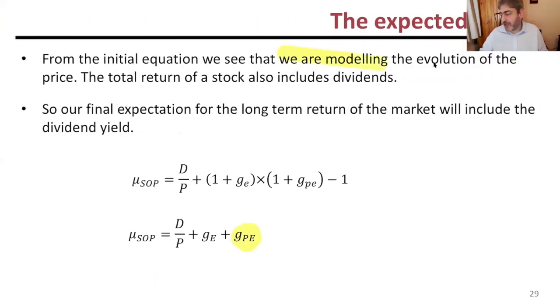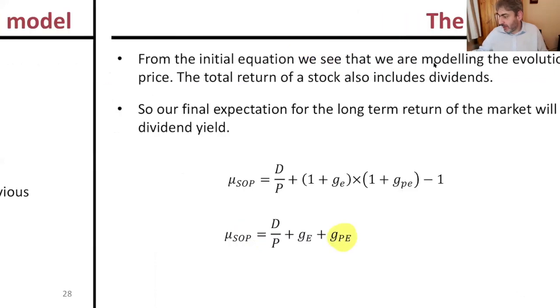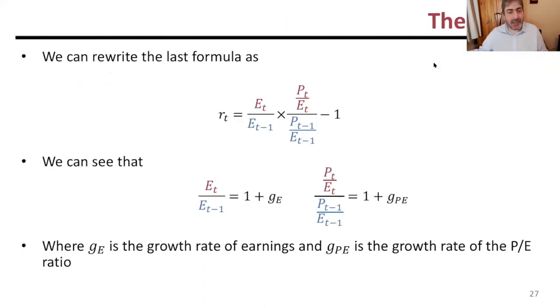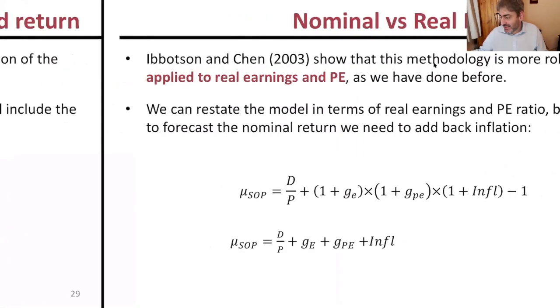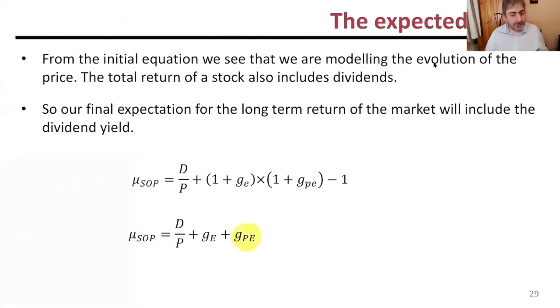Regardless of the derivation, which is a bit Byzantine and looks a bit weird, that's why I had to use color so we don't get too confused, what you get at the end is the same model as always, where you have a yield plus a growth, but this time we add a third component: the expected growth in the price-earnings ratio.